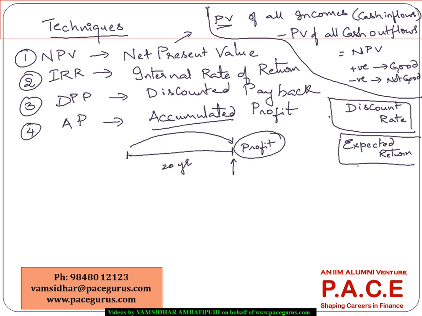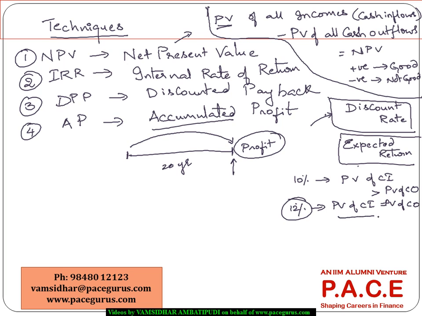Then the same logic extended a little bit more: if the discount rate is some X, it may so happen that the present value of cash inflows is greater than the present value of cash outflows. But at 12% or some other discount rate, the present value of cash inflows may be the same as the present value of cash outflows. That particular rate of discount, where the present value of the cash inflows equals the present value of the cash outflows, is what we call the internal rate of return.